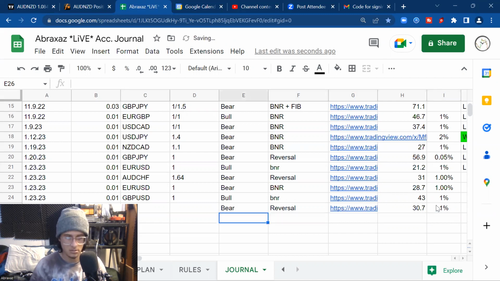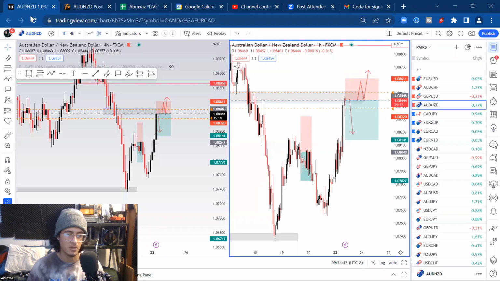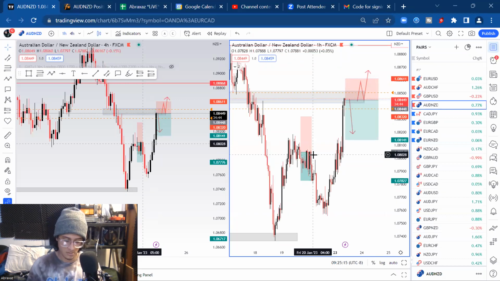It's bearish. 1.88. This is AUDNZD. 101 as usual. The date. Cool. I just need to fix the parameters and we'll call it AUDNZD.